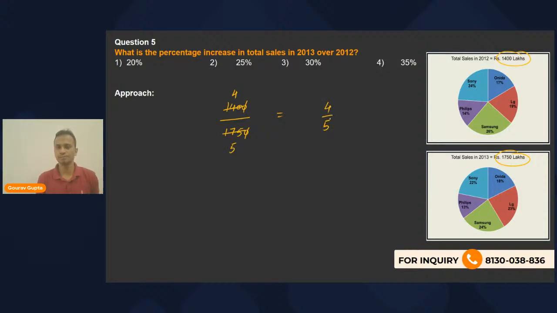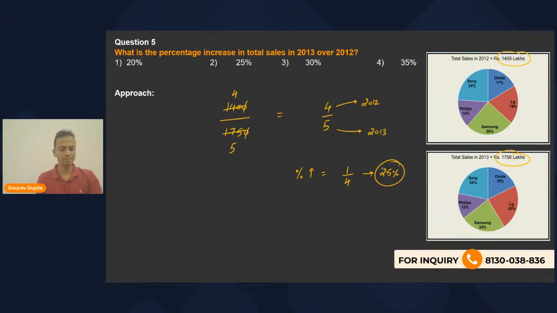Focus on this. If the value of 2012 is 4, then the value of 2013 is 5. There is an increase of 1 over the initial value of 4. 1 upon 4, we all know, in terms of percentage, is 25 percent.